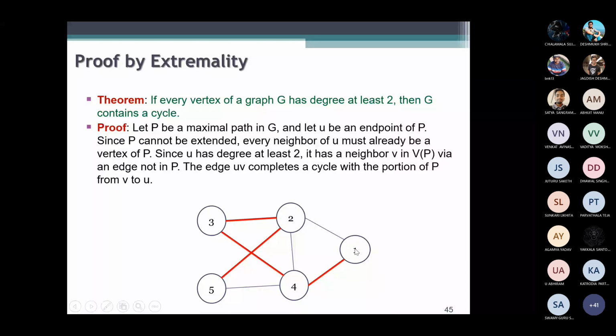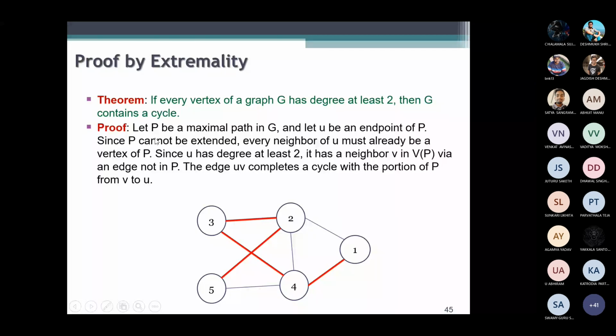Since 1 has degree at least 2, it has a neighbor V in the path via an edge not in P. 1 has two neighbors, one is 4 and one is 2. 4 is a neighbor on the path itself, and 1 4 is in the path, but 2 is in the path, but the 1 2 edge is not in the path, so it will create a cycle.